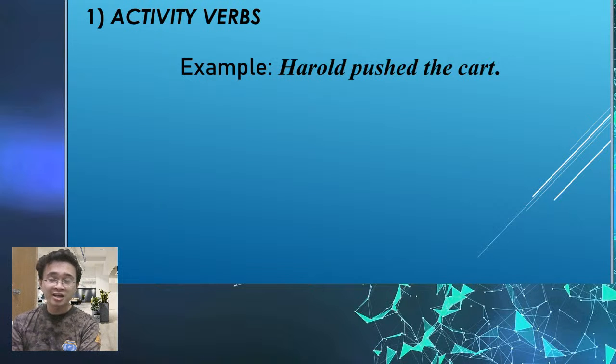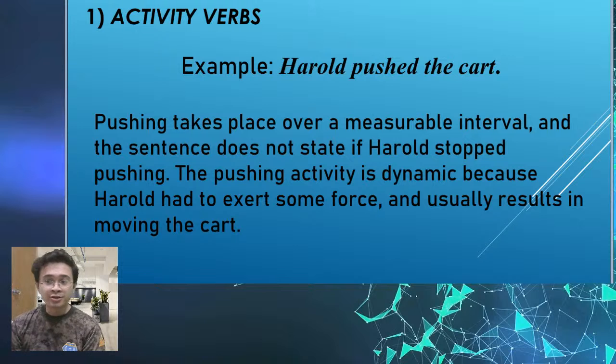For more explanation, pushing takes place over a measurable interval, and the sentence does not state if Harold stopped pushing. So here in the sentence, it did not tell if Harold stopped pushing because he only pushed, right? So that's why we call it activity. It shows an activity or action where the time is indefinite.